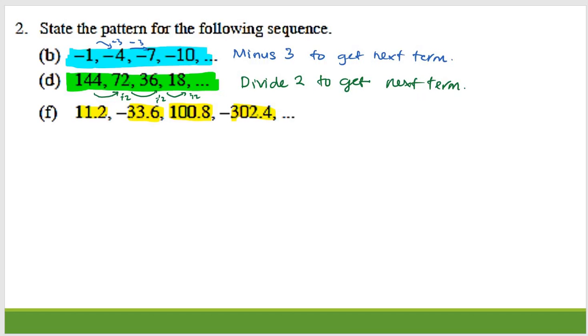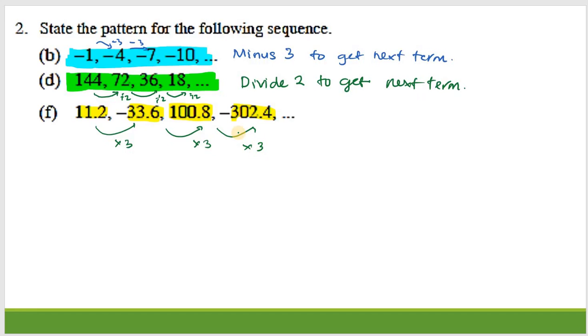So then multiply something, and we see actually it's multiply 3, isn't it? And then 33.6, we multiply another 3, we get 100.8. And then this is multiply another 3.